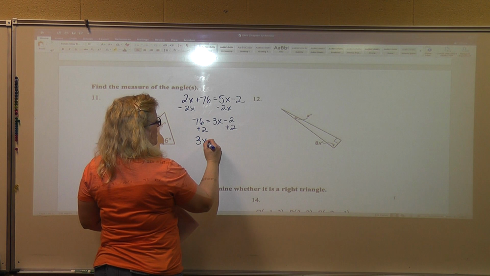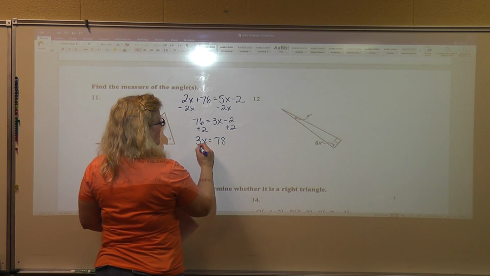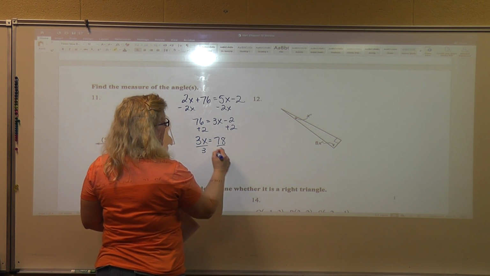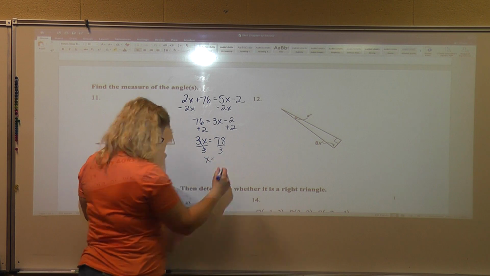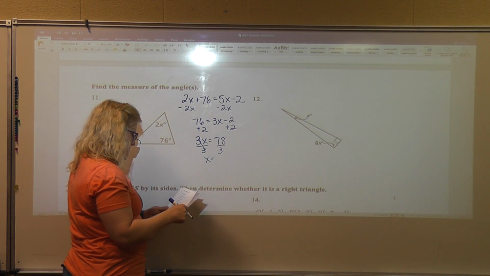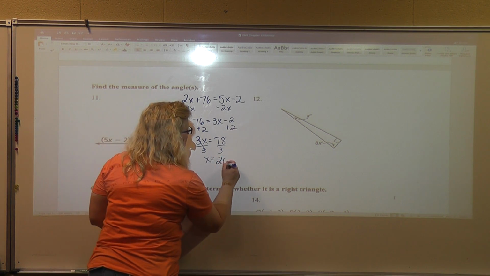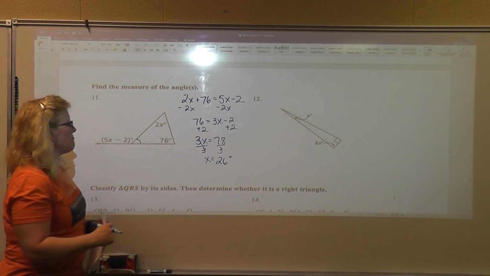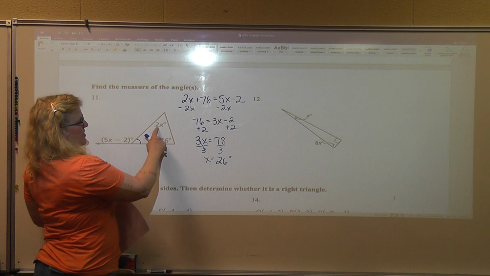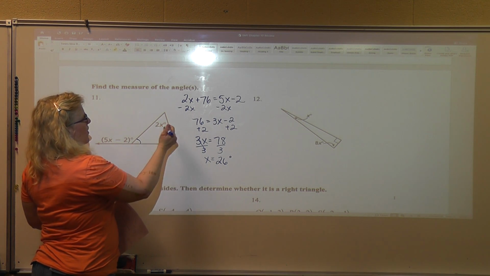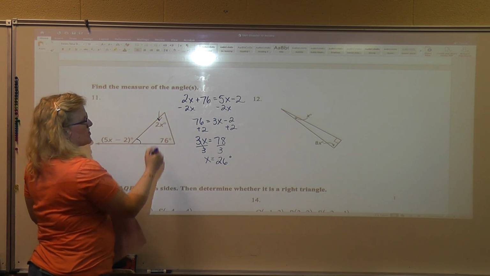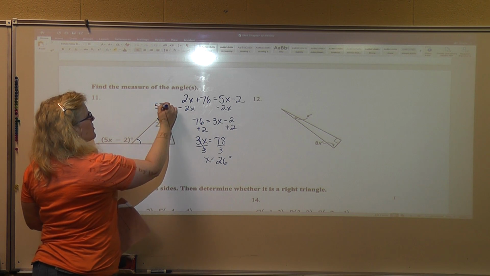And then I'm just going to flip them. So 3x equals 78, divided by 3 gives me 26 degrees. So what that means then, since x is 26, this is 2 times 26, which is 52 degrees.